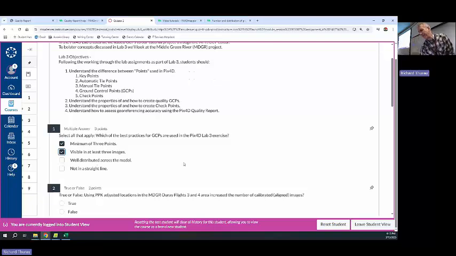But I think this is a good discussion of accuracy assessment, right? The absolute accuracy and the relative accuracy of the location of these GCPs.